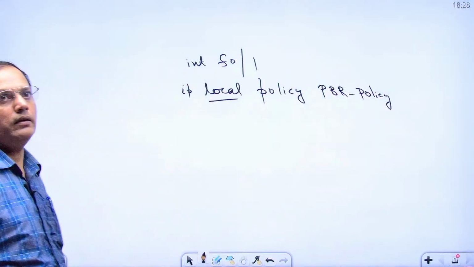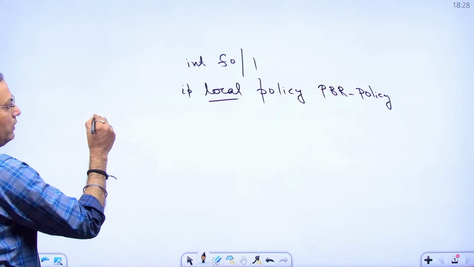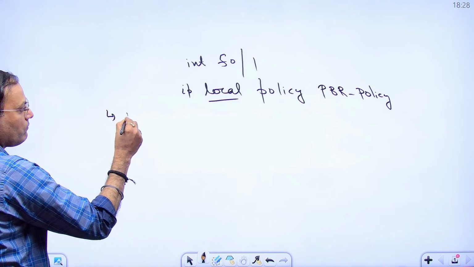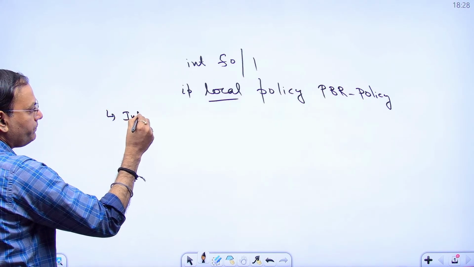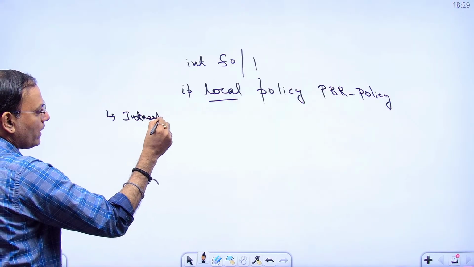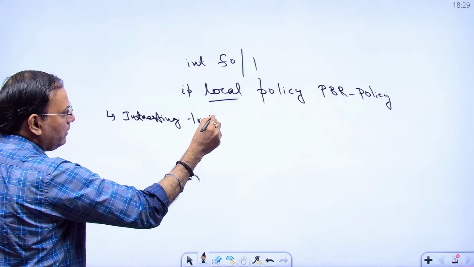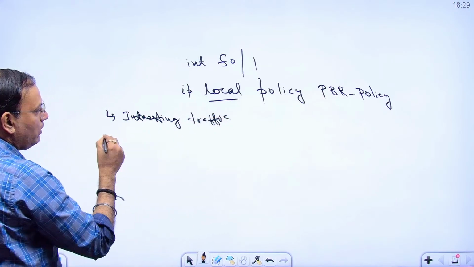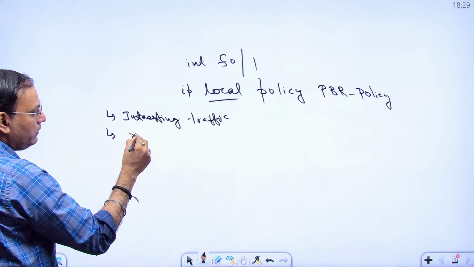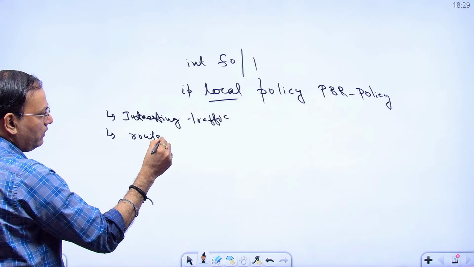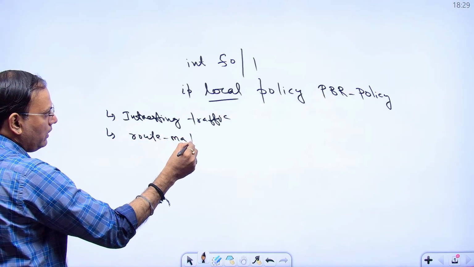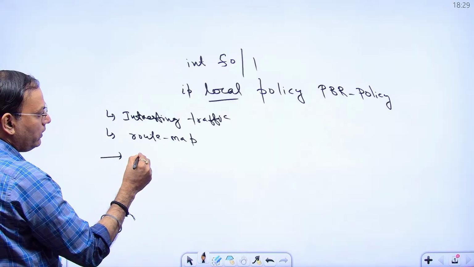So three things you have to configure. First, your interesting traffic. Second is your route map. And third, applying the route map on your interface.